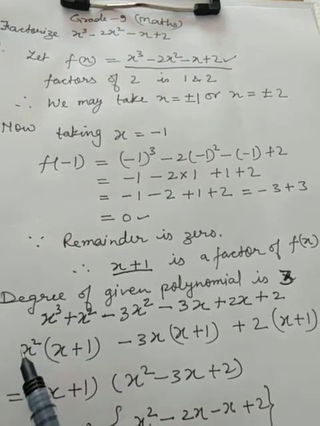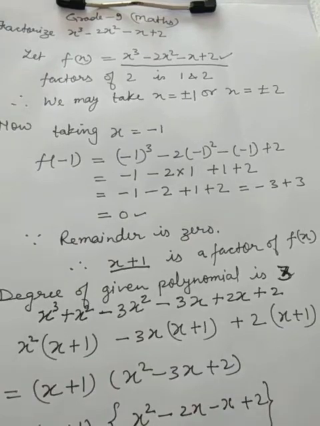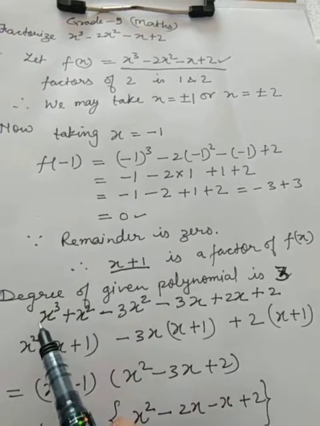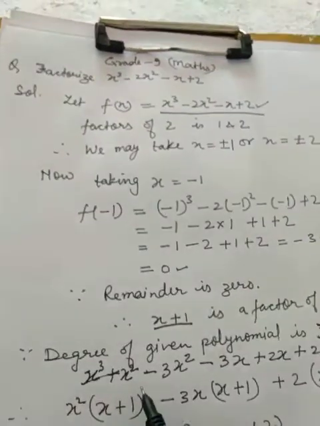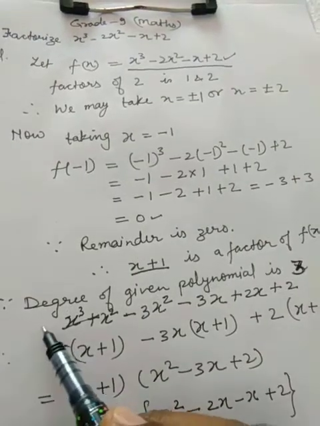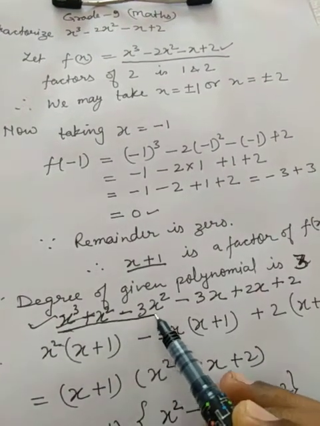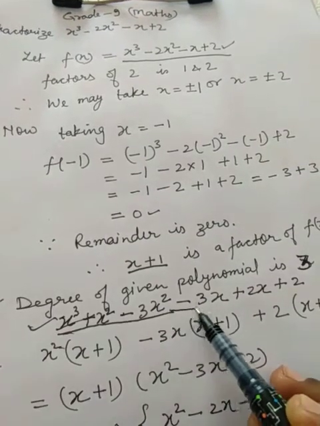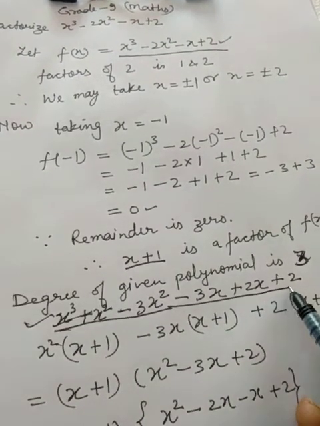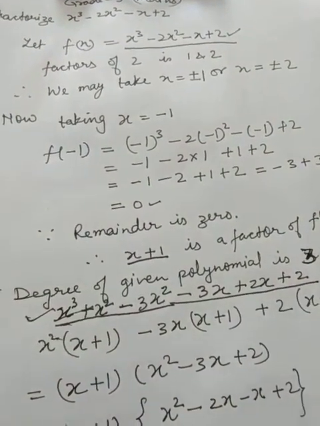Actually, this method of division is known as the horizontal division method, and this underlined portion which I did is the rough calculation. To write this one you may use a pencil.